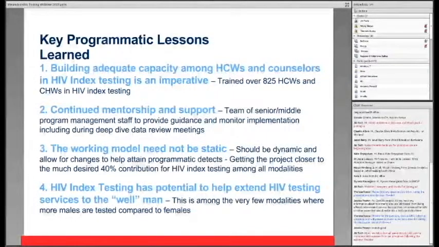And reaching out to this well man, we have seen that if we use index testing, we stand a greater chance of reaching men, especially those under the age of 35, who have actually proven to be quite difficult to reach with traditional modalities of testing and providing HIV services.